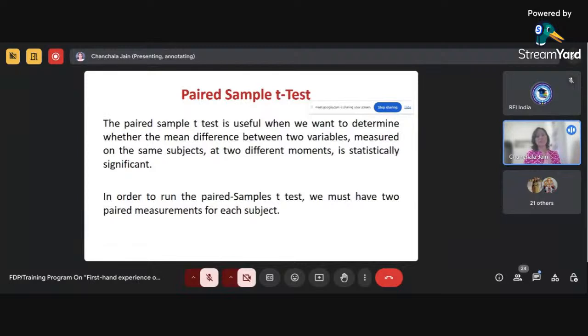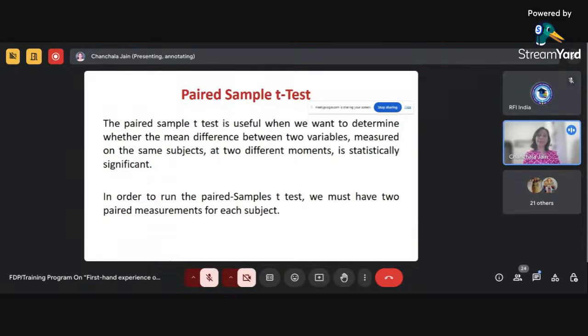So what is the meaning of this test? We will be having only a single variable. For example, I want to measure the effect of a BP tablet on the BP of patients. Suppose I am having 10 patients. Before prescribing the tablet, we will have the actual BP of the 10 patients. Then we will prescribe the BP tablet to them.